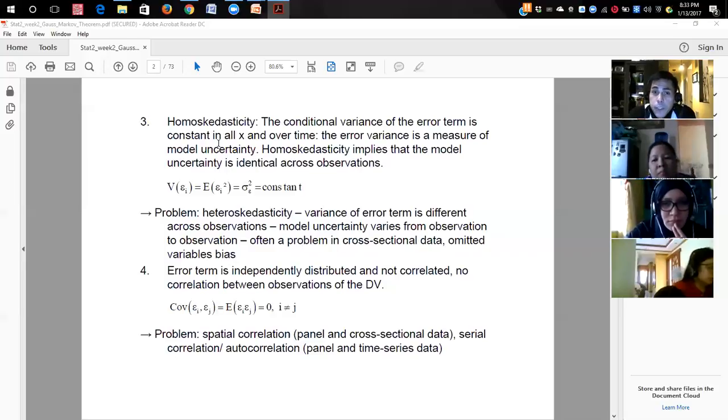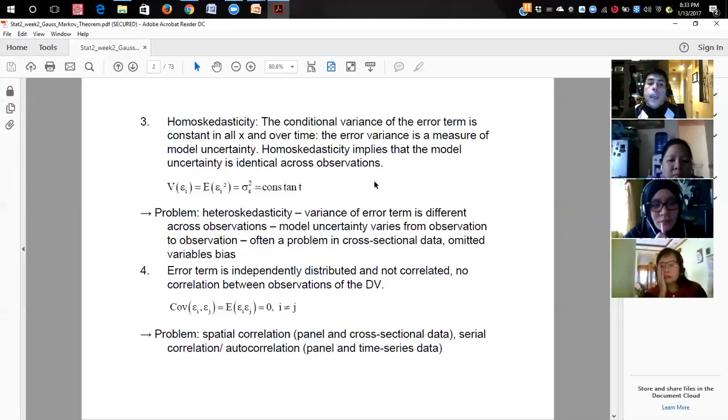Okay, because remember, this is an assumption that there has to be homoskedasticity of the data sets, of all the observations. And the fourth assumption is that the error term is independently distributed and not correlated, that there is no correlation between observations of the dependent variables.